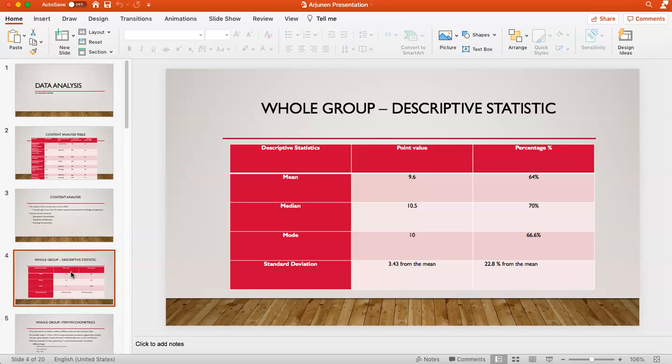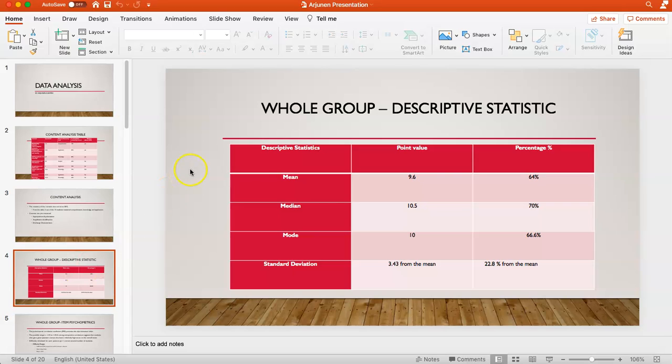Using a whole group analysis, with some descriptive statistics, the mean was calculated to be 9.6, which is 64%. The median was calculated to be 10.5, which is 70%. The mode is 10, which is 66.6%, and the standard deviation was calculated to be 3.43, which is 22.8%.